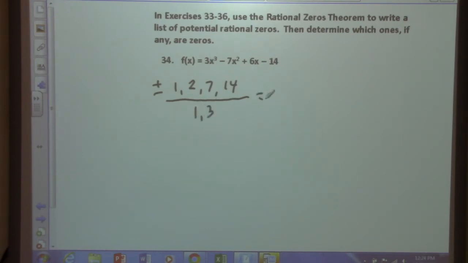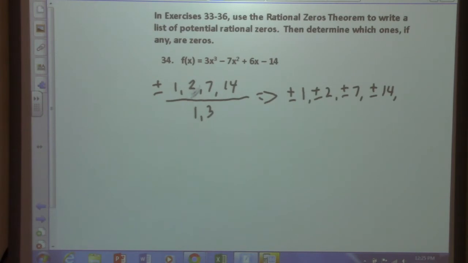From this arrangement, you just go down a list. So you have plus or minus 1 over 1, then 2 over 1, and so forth. So plus or minus 2, plus or minus 7, and plus or minus 14.